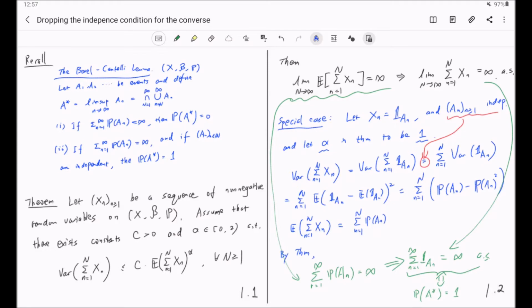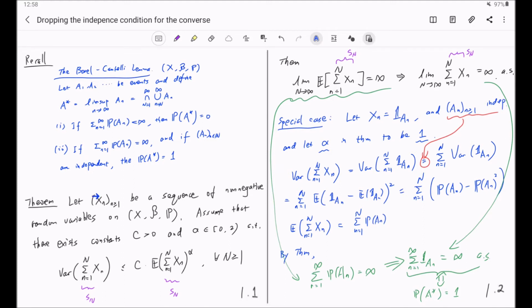The proof for this theorem is a little bit tricky. And from now on, for convenience, let us denote this sum to be S sub n. So those are all S sub n's.